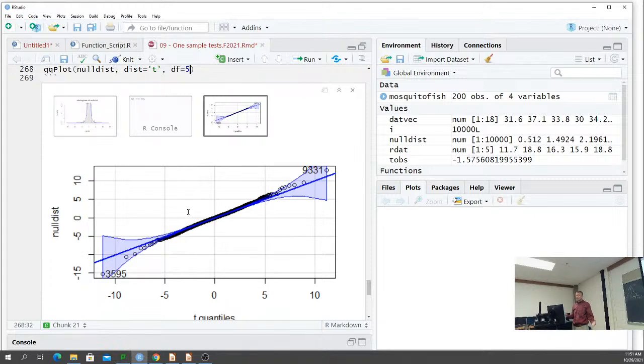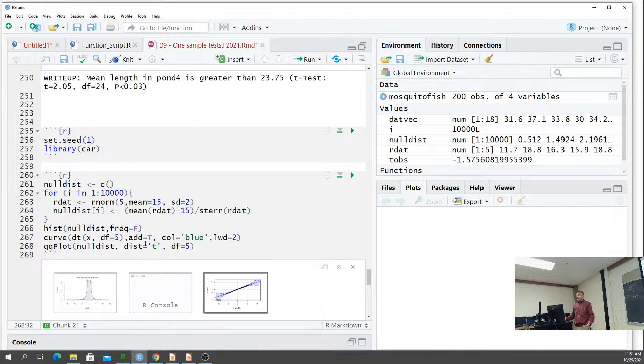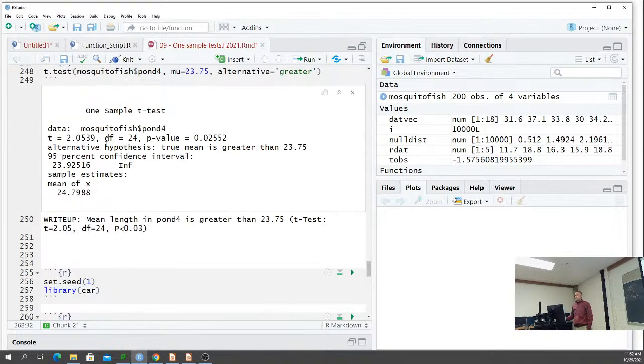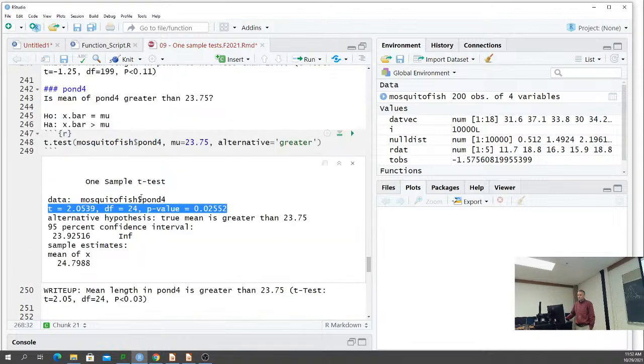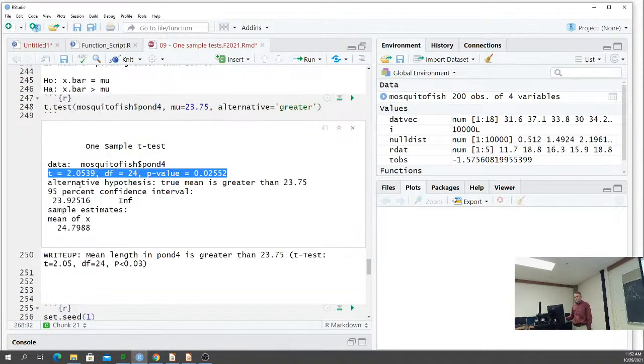So as you can almost guess, if we violate our assumptions, we can generate our own null distribution through randomization, kind of like this. But for our t-test, it's not going to follow. For now, we're going to review how to assess normality. But for these problems, we're going to assume that all assumptions are met.